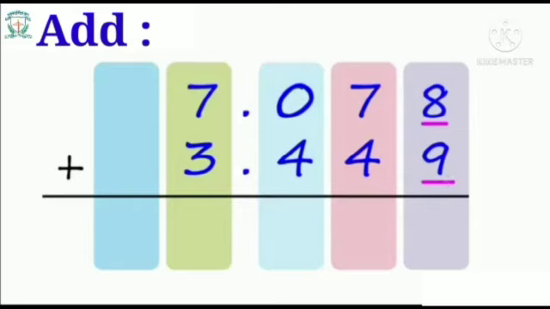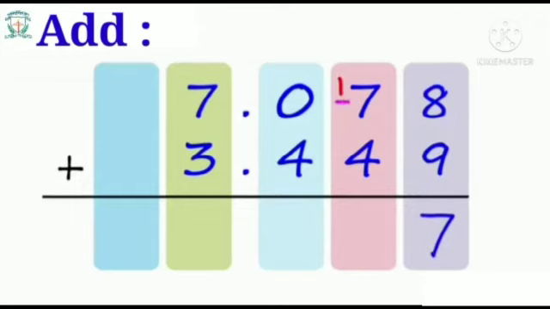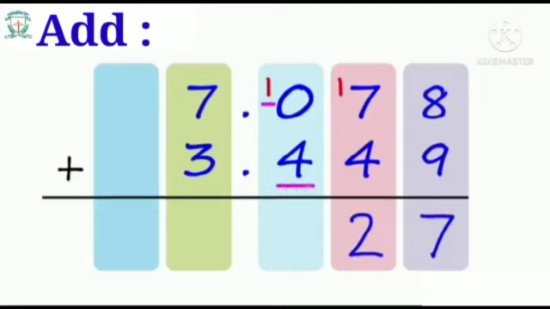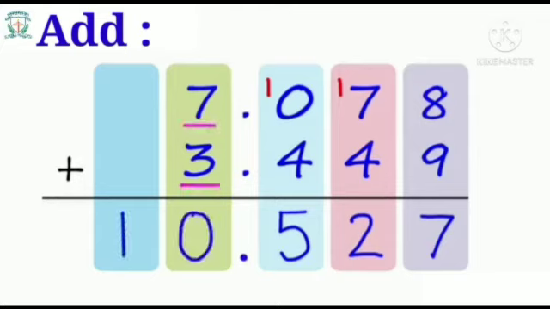Now, 8 plus 9 is 17 thousandths. 7 in the sum place and 1 carry on. 1 hundredths plus 7 hundredths plus 4 hundredths is equal to 12 hundredths. 2 remains, 1 carry on. 0 plus 1 plus 4 is equal to 5. 7 ones plus 3 ones is equal to 10. Hence, 7.078 plus 3.449 is equal to 10.527.